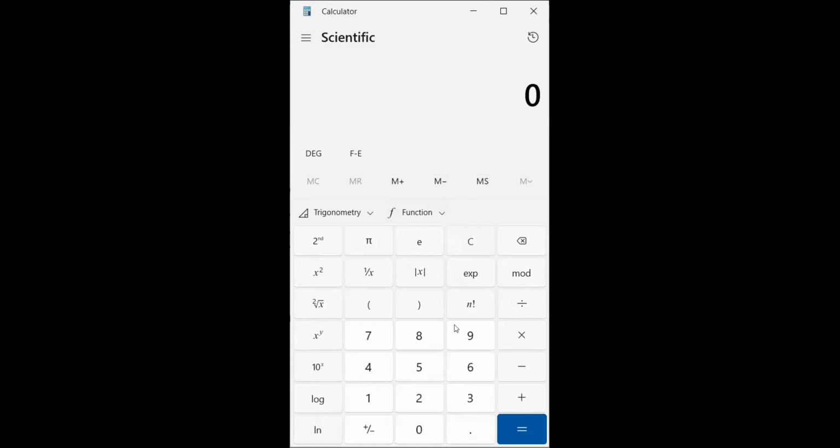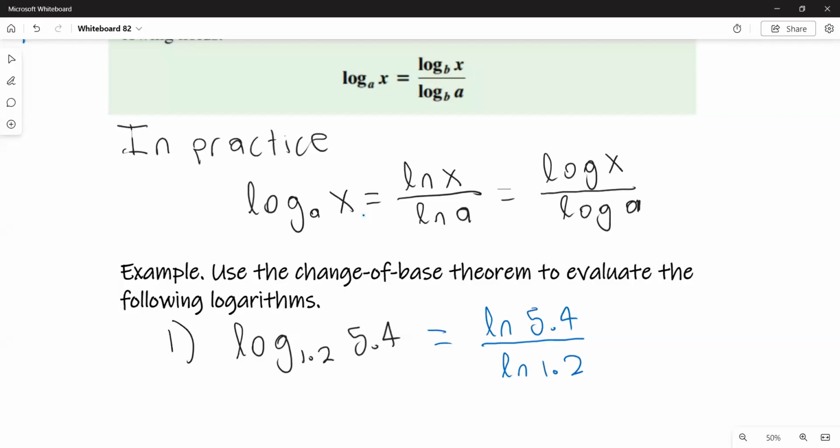Let's try again. Sorry, I didn't click on equal. So that's approximately 9.25. Or if you prefer to use the common logarithm, you're going to get the same answer, approximately equal.